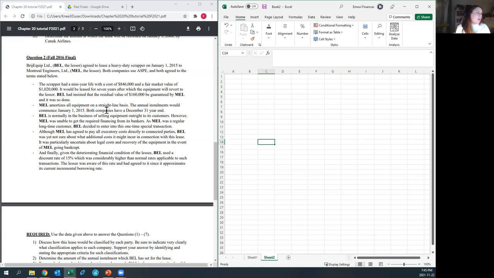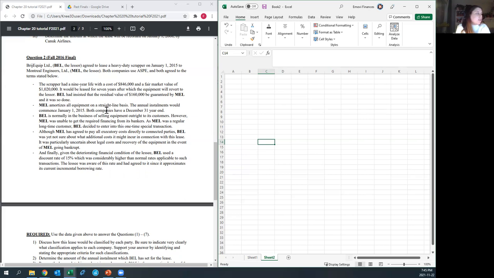As Mel was a regular long-term customer, Bell decided to enter into this one-time special transaction. Although Mel has agreed to pay all executory costs directly to the connected parties, Bell was not sure about what additional costs it might incur in connection with this lease. It was particularly uncertain about legal costs and recovery of the equipment in the event of Mel going bankrupt.